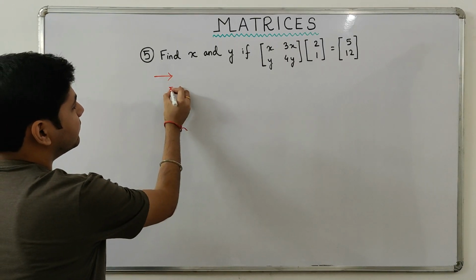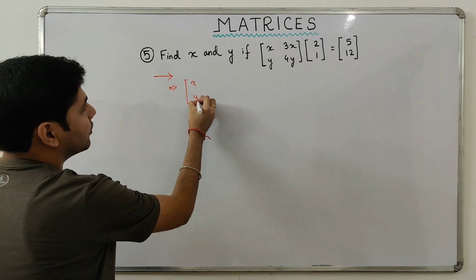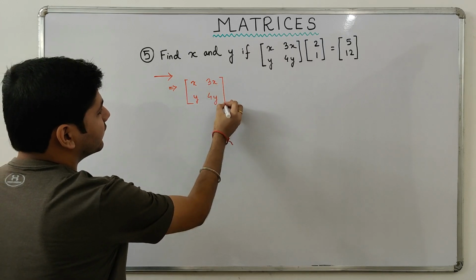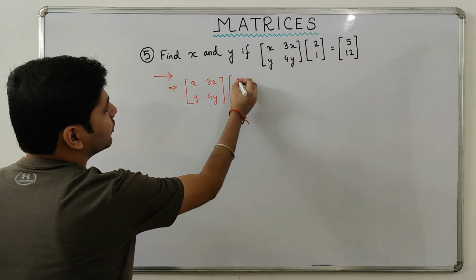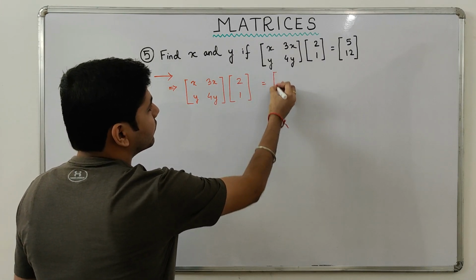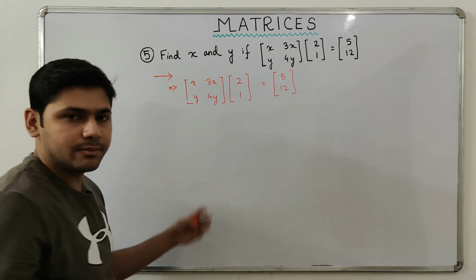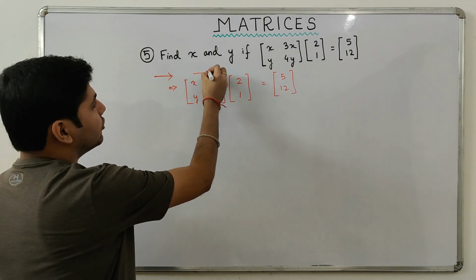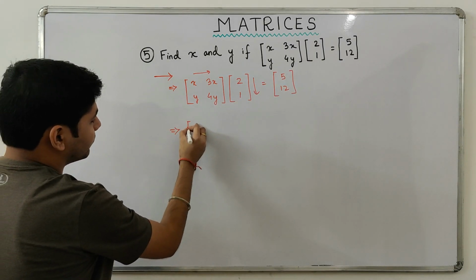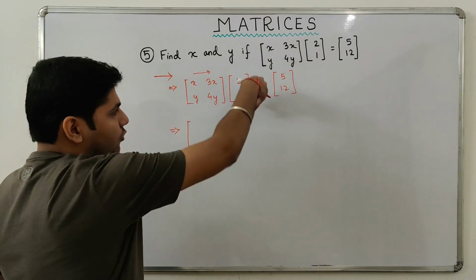We have the equation. Let's write it down first. x, y, 3x, 4y into 2, 1 is equal to 5, 12. Let's multiply it. So I'll draw the arrows for simplicity. We will move this way and then downwards.